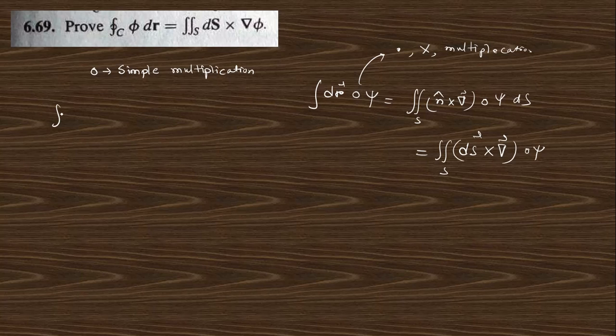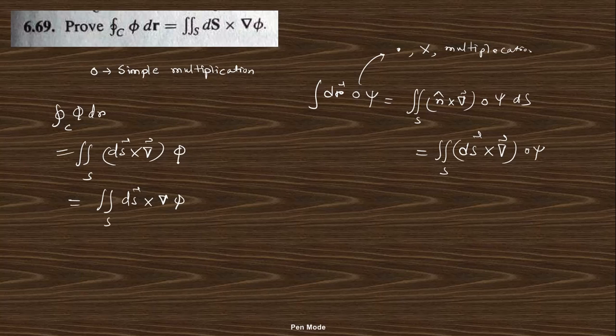So you can say this phi dr is nothing but the surface integration of ds cross curl, and this is simply multiplication, this is psi. So this can be written as the operator operating on this, and this is nothing but grad phi. There is no psi, this will be phi, just apply this. So this will give the proof of this question. Go to the next question.